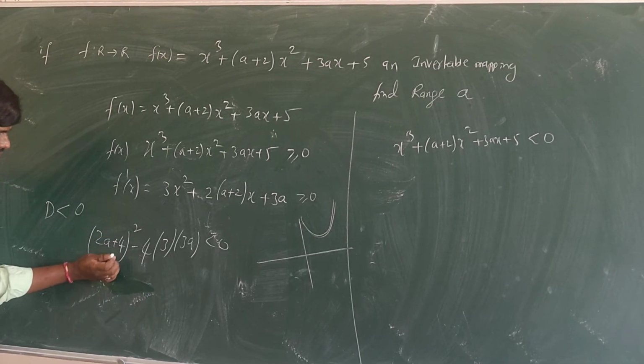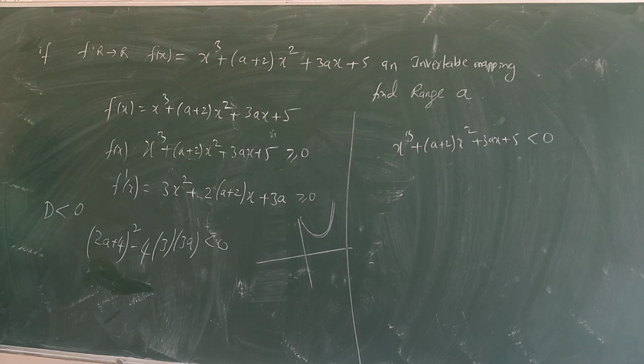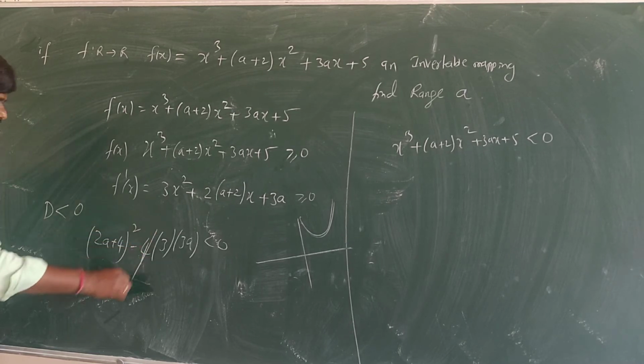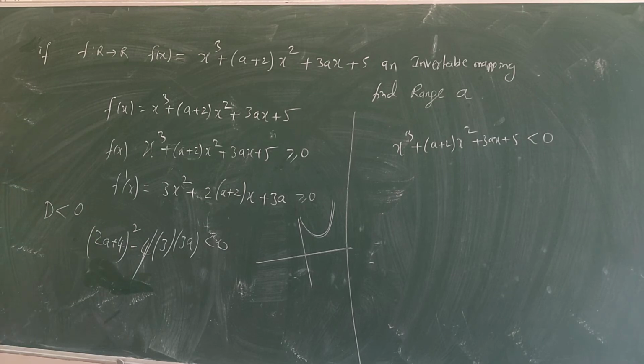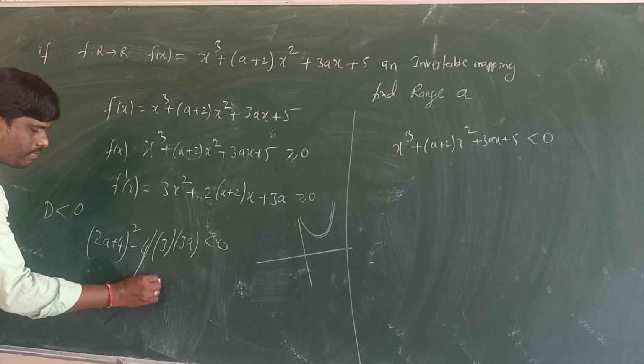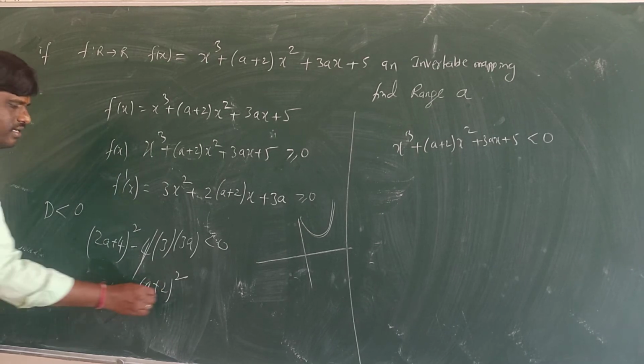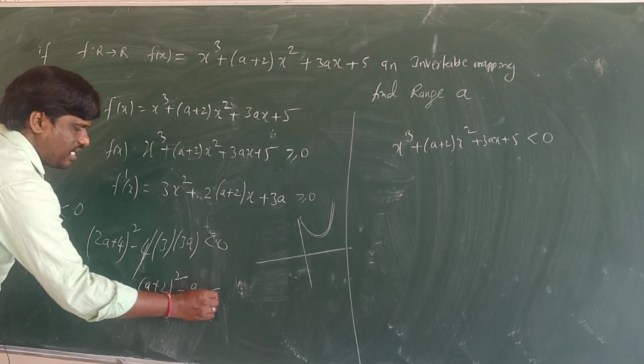Take 2 common. 2 square is 4, this 4 is gone. What is there inside? A plus 2. So I can write here a plus 2 whole square minus 9a less than 0.